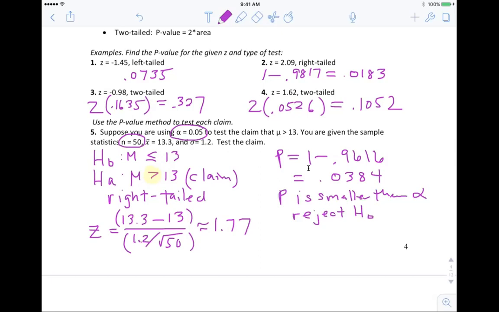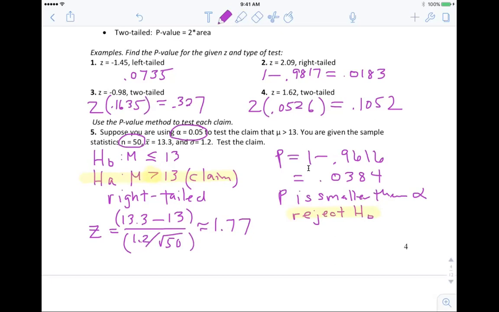Now, finally, we're putting it all together to make a final conclusion. And that is based off of two things. The fact that HA is the claim, and we rejected H sub 0. So then you can go to your conclusion table and see what that leads to. What is the sentence that says?